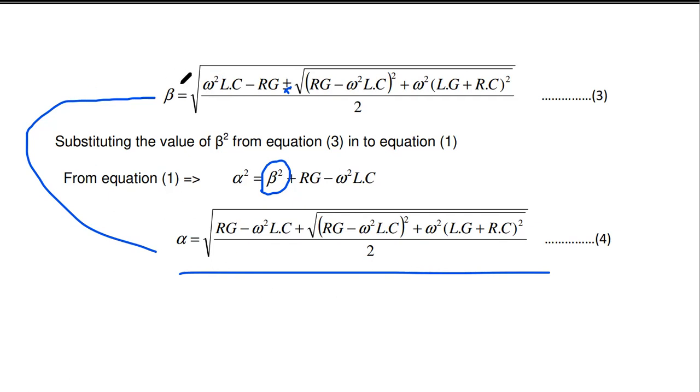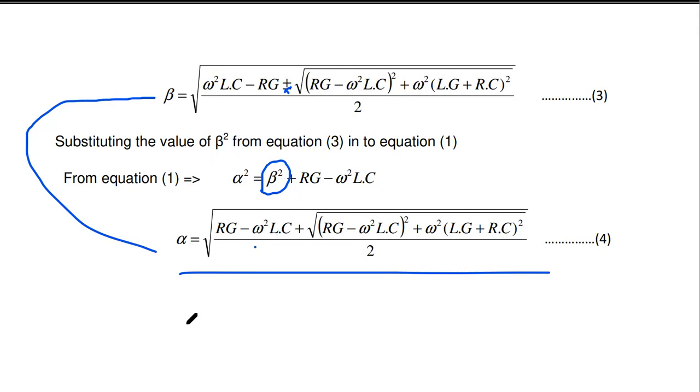Okay, so from these two equations, we can say that both the attenuation constant and the phase constant depend upon the primary constants of the transmission line as well as the frequency omega. So the attenuation constant will also vary with respect to the frequency of the particular wave traveling along the transmission line.